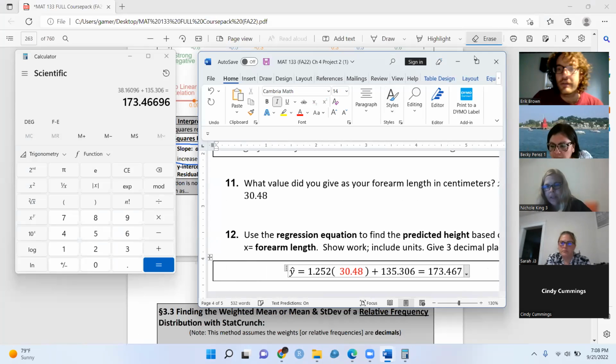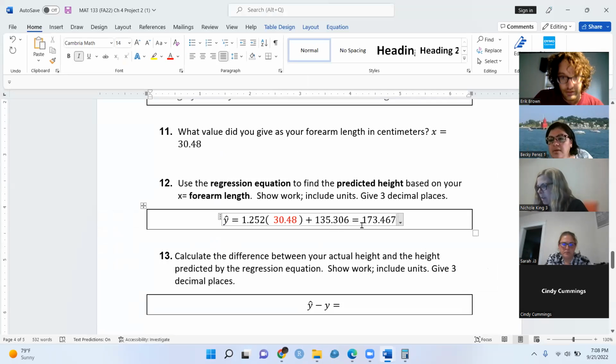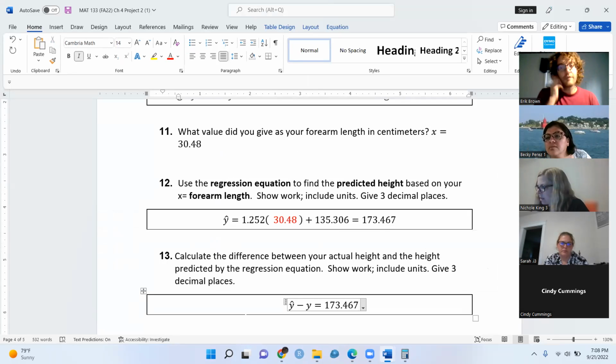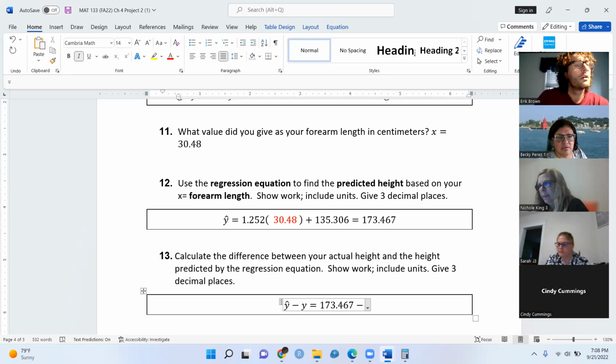Okay, so if we use Becky's forearm measurement, we get 143.467 centimeters running this. Then down here, we would put in that 173.476. If we use my height, Siri said that being 5 foot 10 inches tall is 177.8 centimeters.